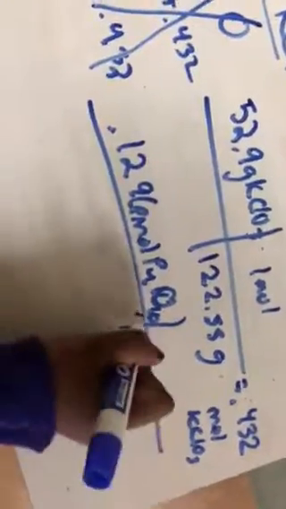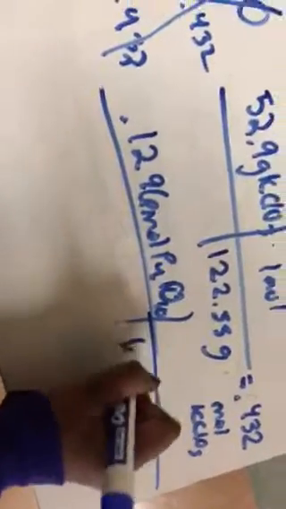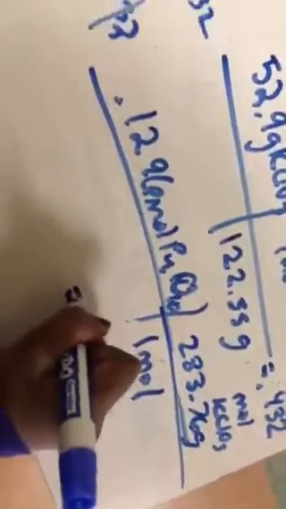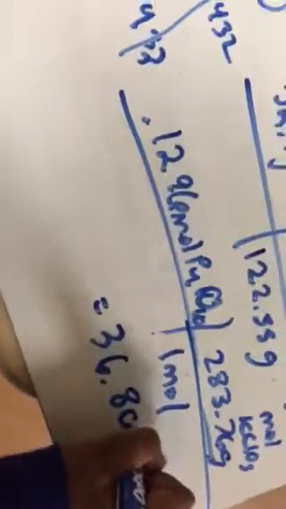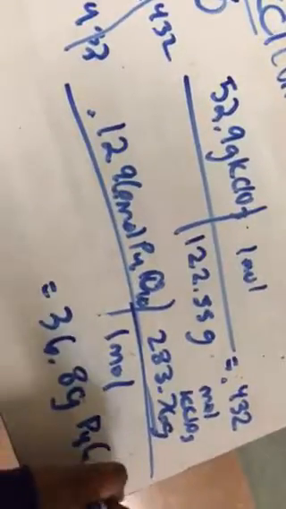I put it on the wrong parts. So our mole amount, 1 mole, would go on the bottom, and our molar mass would go on the top. So like I said, this would equal, give me 1 second, 36.8 grams of P4O10, and that's the correct amount of sig figs.